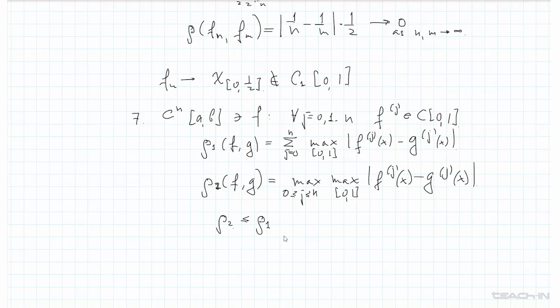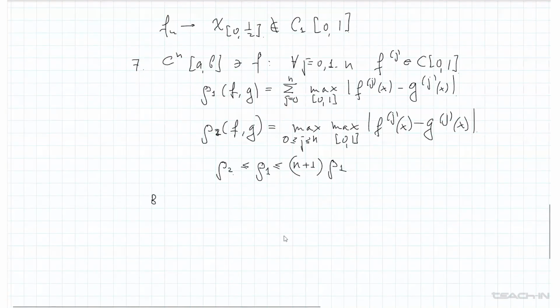But we can write the inequality on the other side too, because we have n plus 1 terms in our sum. So the convergence in these metrics is the same. We just change some geometric properties of our space, but from the point of view of analysis they are not different.